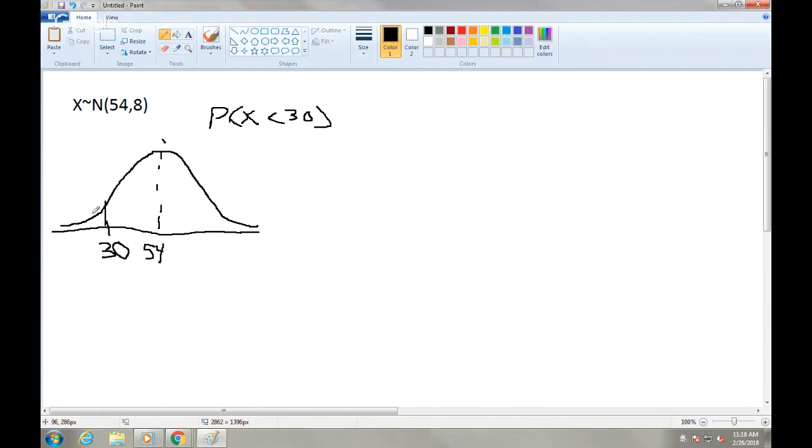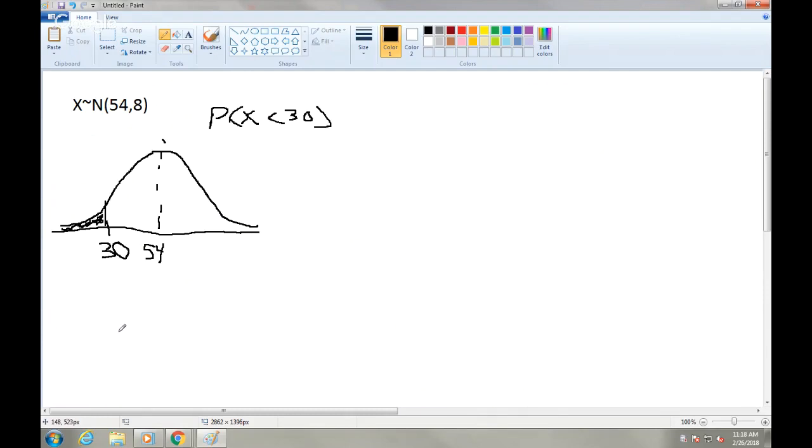And we want to the left of 30. And instead of using the paint tool, I'm going to shade like this because it goes on forever and I didn't cut off the end, so it won't paint very nicely. But that area is what I'm trying to find. Does that look like an area that's over half or under half? Under, definitely under. It just gives you an idea what to look for.